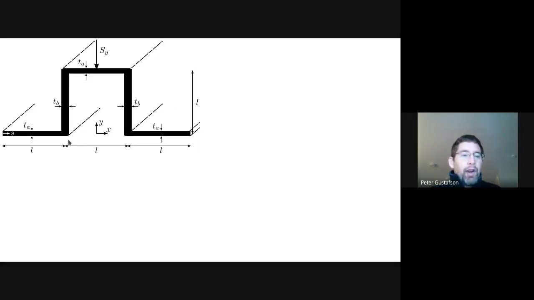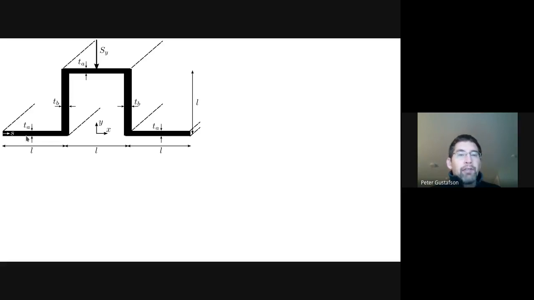If we look at this cross-section, in the limit of these segments being thin, then the impact of those corners becomes negligible. So the thinner these segments are, the less we care.